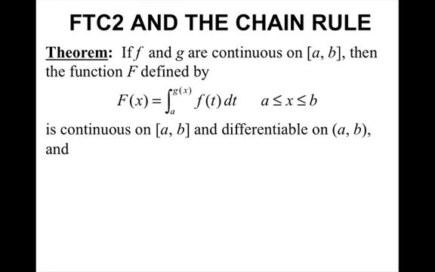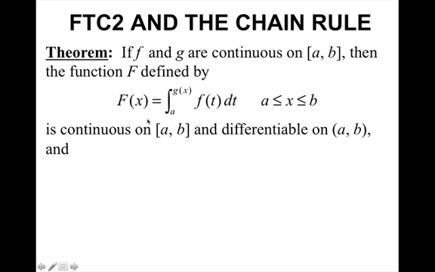Now, for the second part I had you do, where you had to do the chain rule, what this one looks like, it's still the Fundamental Theorem of Calculus Part 2, but this time, notice here in my limits, I have a to some function in terms of x as my upper limit, not just x.